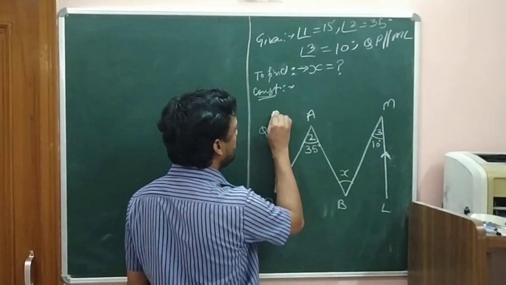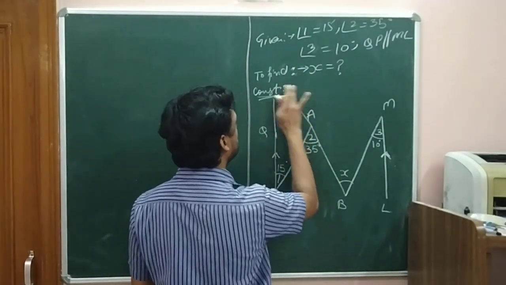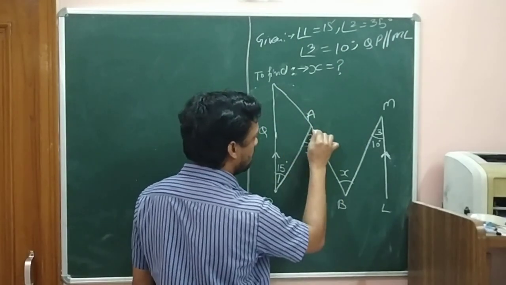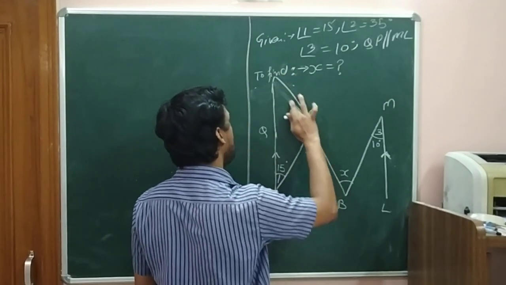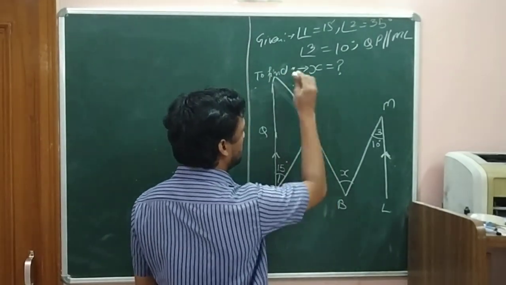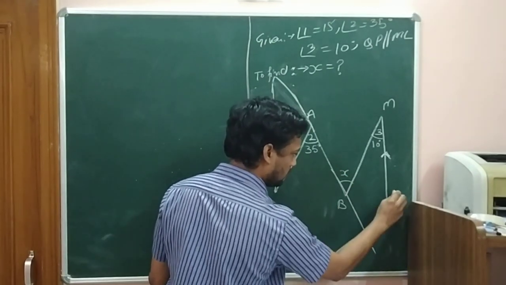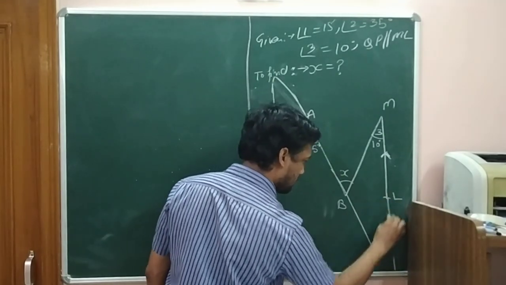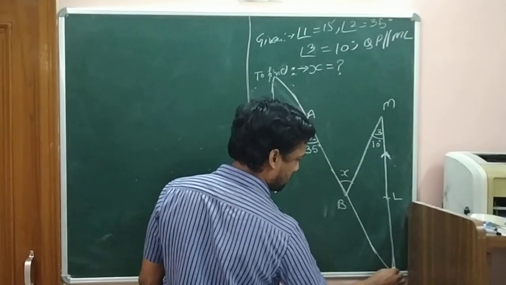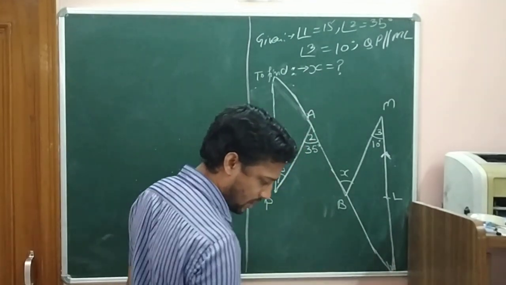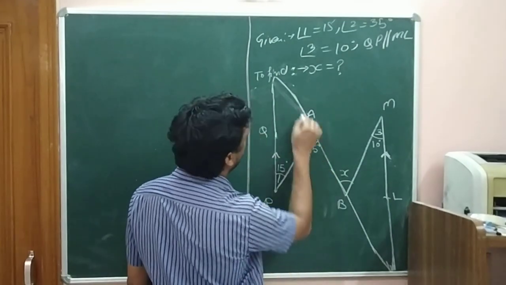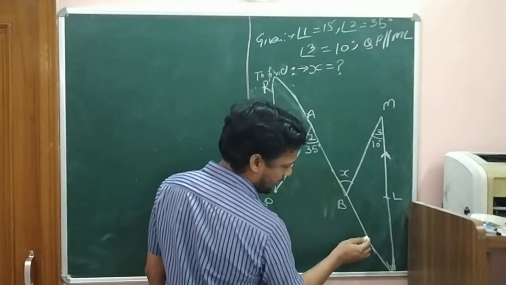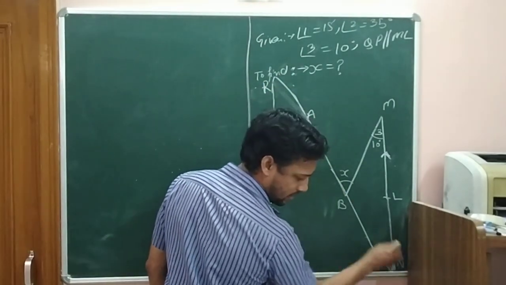First of all, extend this AB line in both directions, in this direction and this direction, such that when AB is produced in this direction, it will meet at a point R, and when it is produced in this direction, it will meet at a point N.